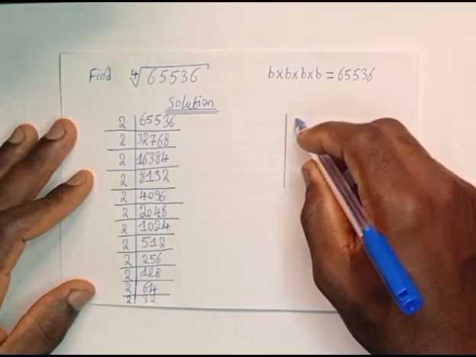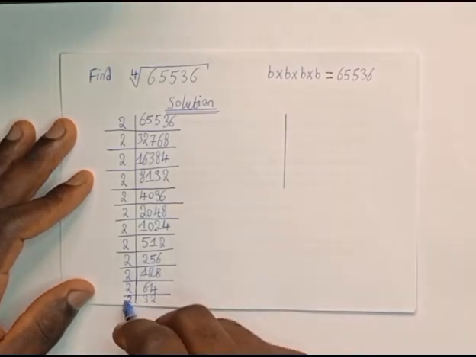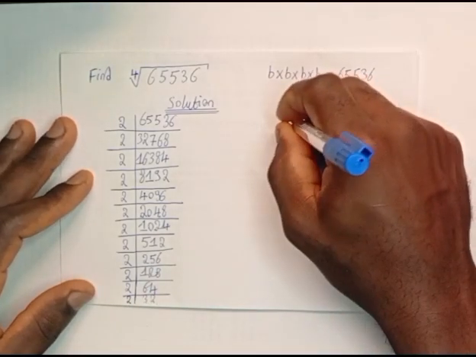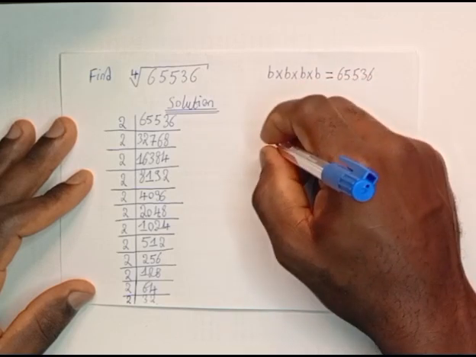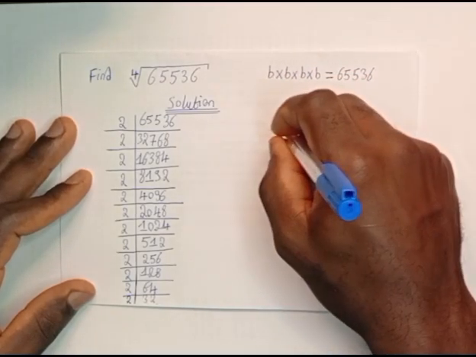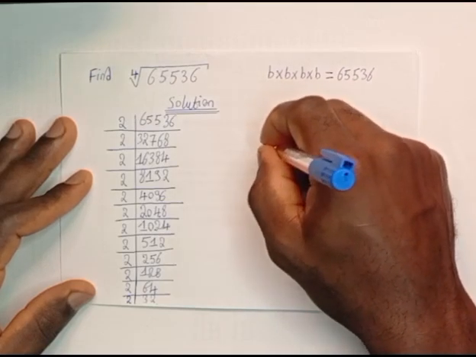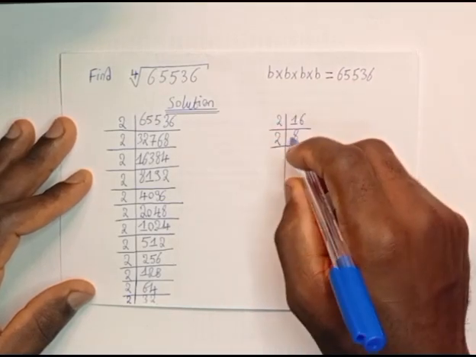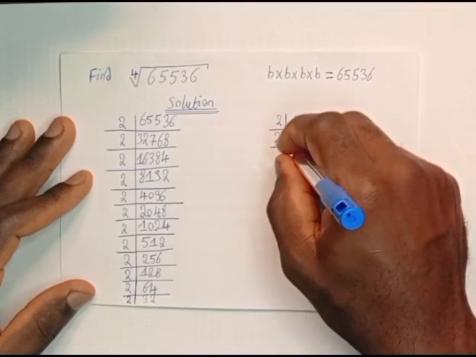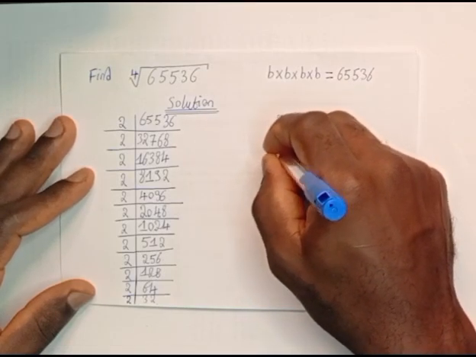Let's continue the division here at the right hand side. 32 divided by 2 gives us 16, which is an even number. We bring down 2 again. 16 divided by 2 gives us 8, which is an even number. We bring down 2 again. 8 divided by 2 gives us 4, which is an even number. We bring down 2 again.